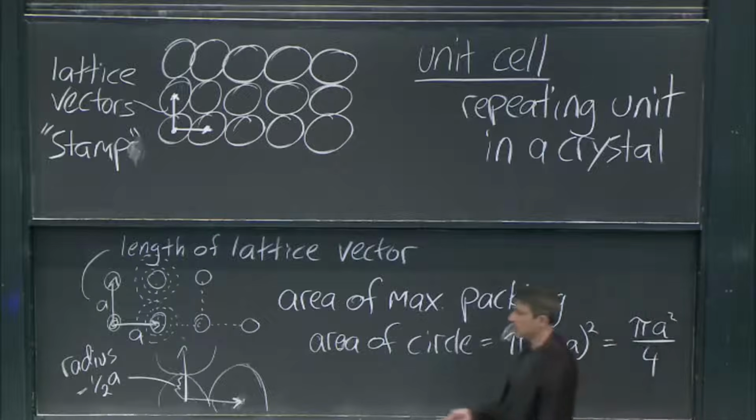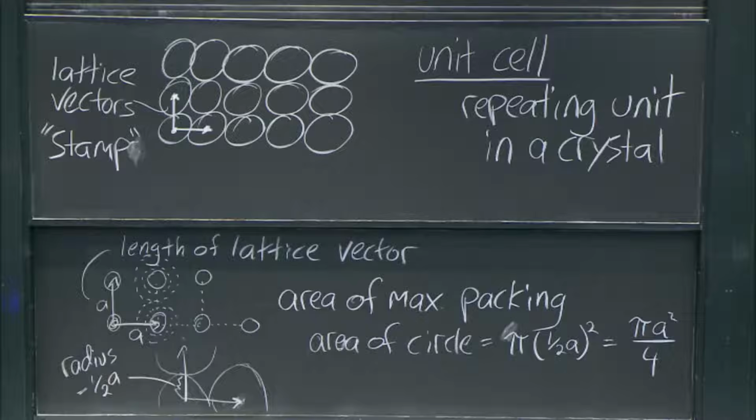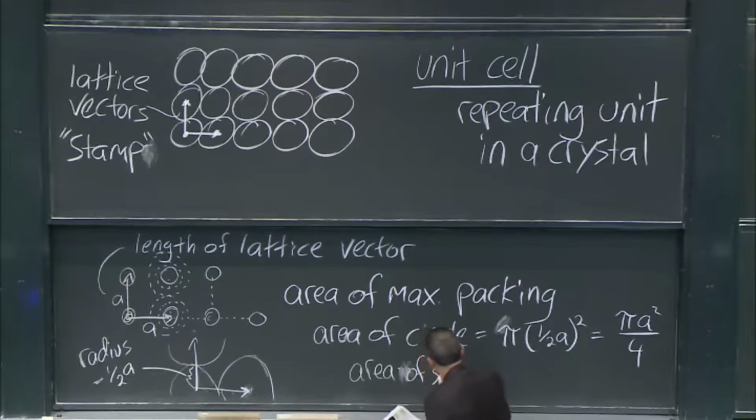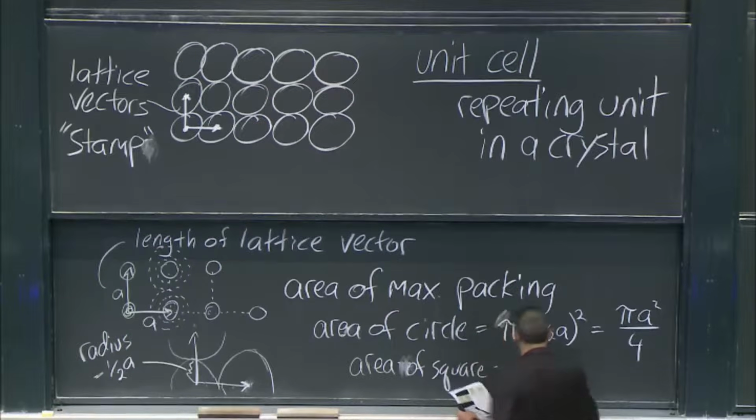But I also know how much I packed in, right? And I'm doing this slowly on purpose, because we'll go faster when we do some of the other ones. I want to do the first one slow, because then we'll all be able to see what we're talking about with the simplest case. The area of the square is A squared, right?